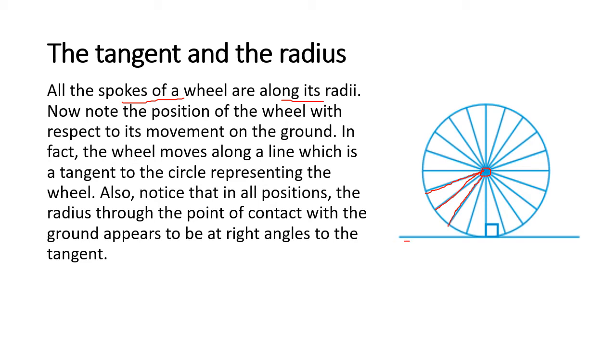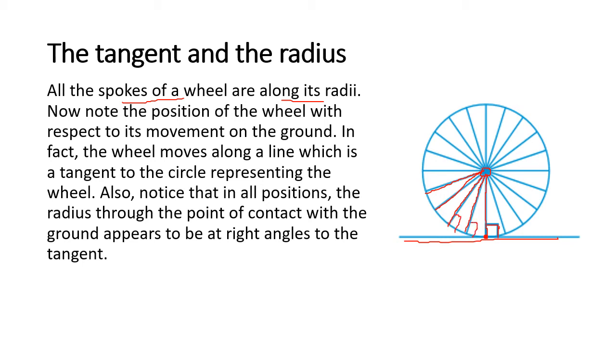And look at the ground. This is the ground. Whenever the wheel moves on the ground, this is the point of contact of the wheel and the ground. And from the center, whenever you draw this radius, it is always perpendicular. Even when the wheel moves forward, when this radius comes in contact with the ground, it will always remain at right angles.